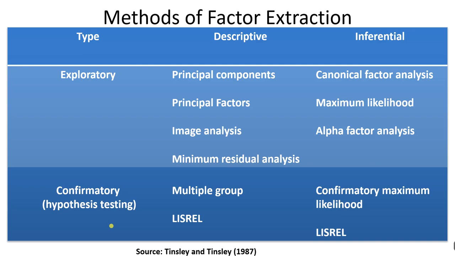Then, whether in our sample, in our Indian adaptation, Asian adaptation, or any other language adaptation, the same factors are coming or not, when we have this objective, then we will follow a method of factor analysis that will try to confirm whether the earlier obtained factor structure is present or not. So, this is a type of hypothesis testing or testing the theory, and these methods are called confirmatory factor analysis.